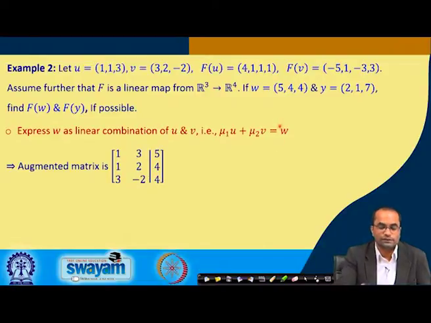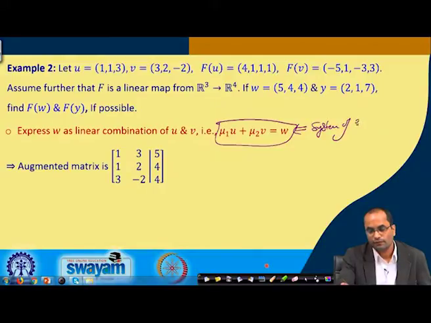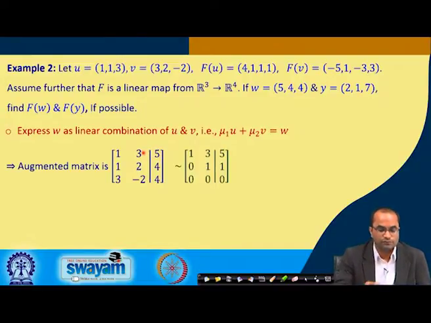So, from this system of equations, we can write down the augmented matrix, and this augmented matrix is given here. Now, out of this augmented matrix we have to get the reduced form. So, this 1 3 5 is simple here, so we can subtract it and then further we will get the reduced form.